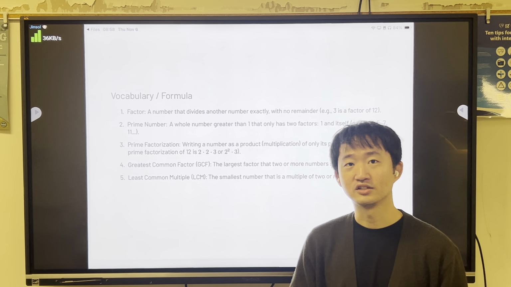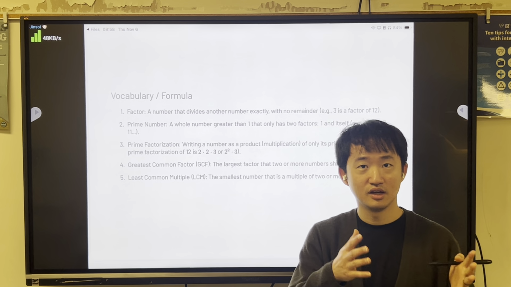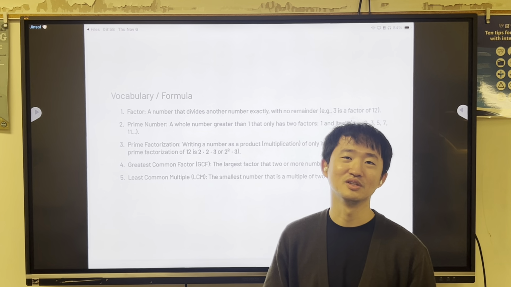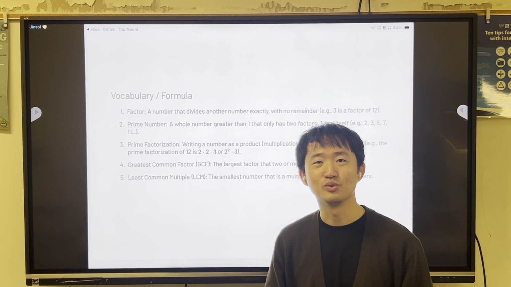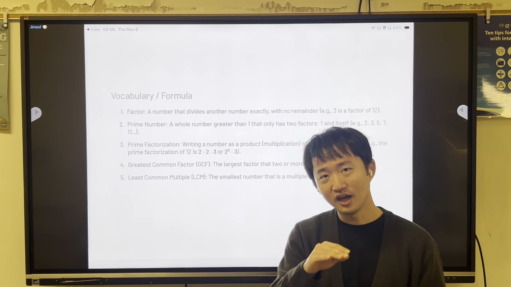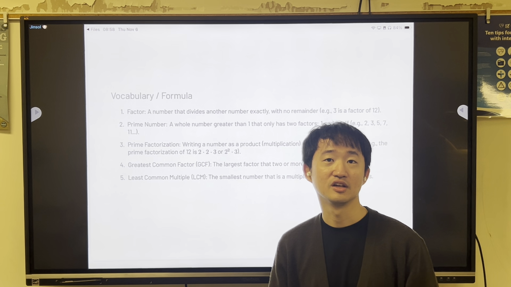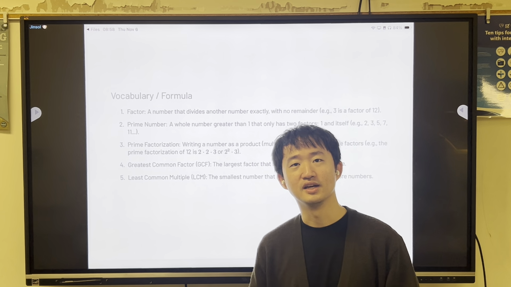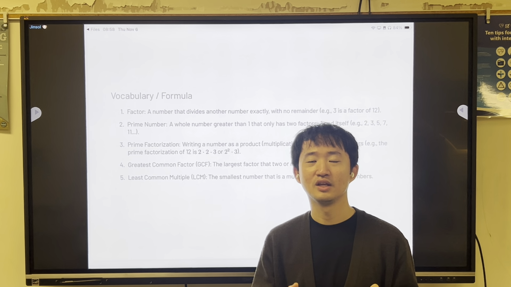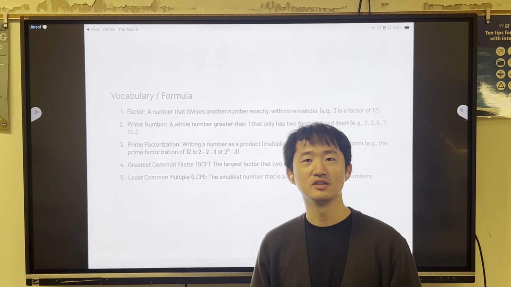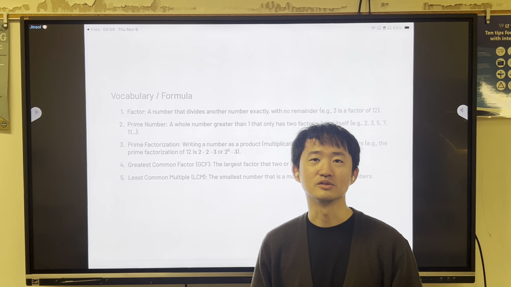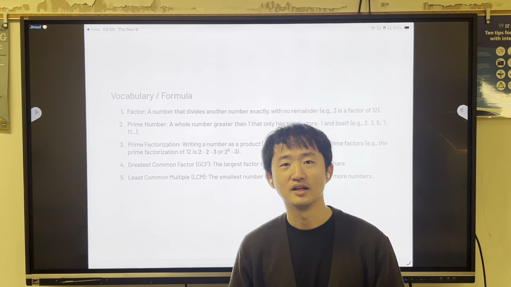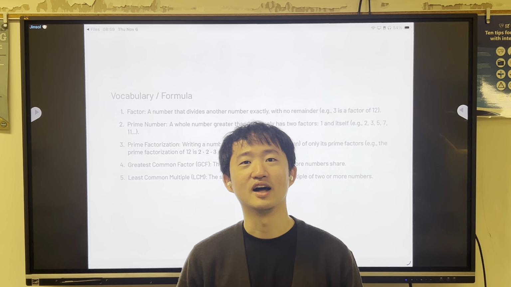And the greatest common factor is what we find when we look at multiple numbers: we find the prime factorization and we collect the common ones that we found. And the least common multiple is, after we find the greatest common factor, we include all the leftover ones that we have not included, and that is going to be the least common multiple of multiple numbers. Thank you for tuning in for today, and I'll see you in the next video.